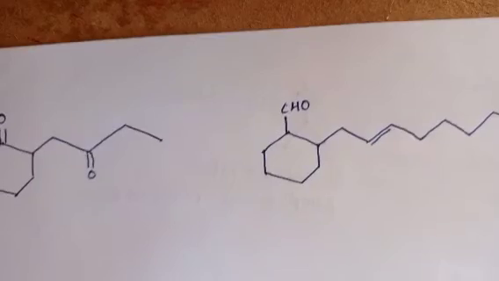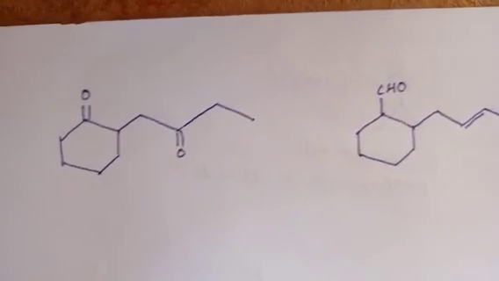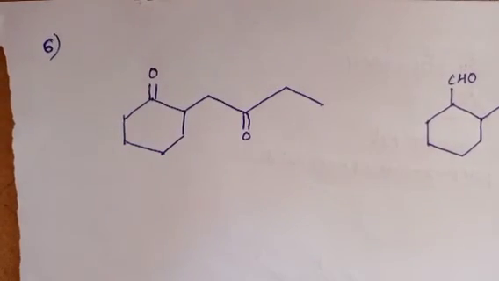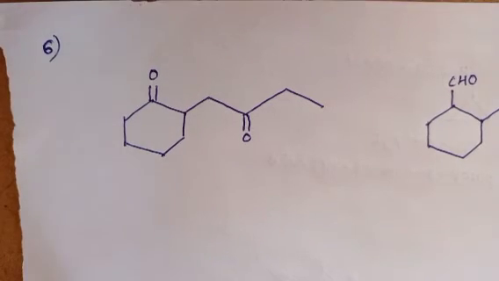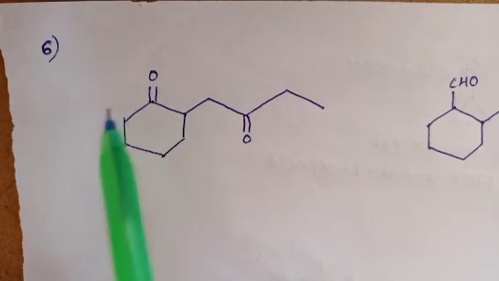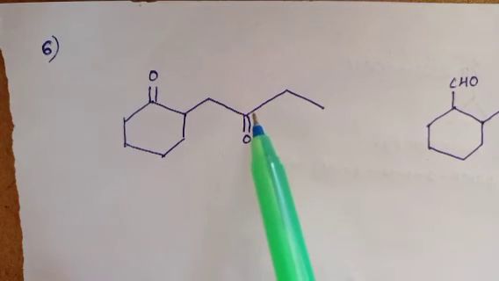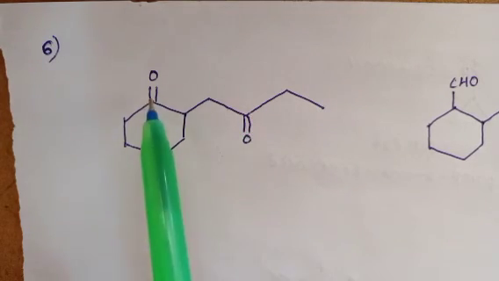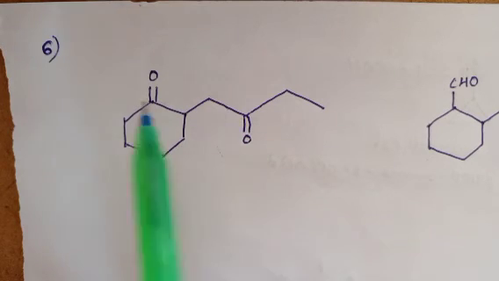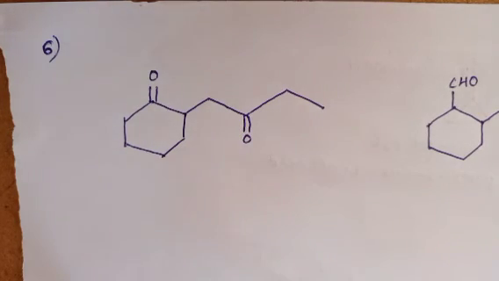Next model. Sixth model. The cyclic part contains one functional group. The alkyl part also contains one functional group. But both are the same functional groups, which means there is no priority.